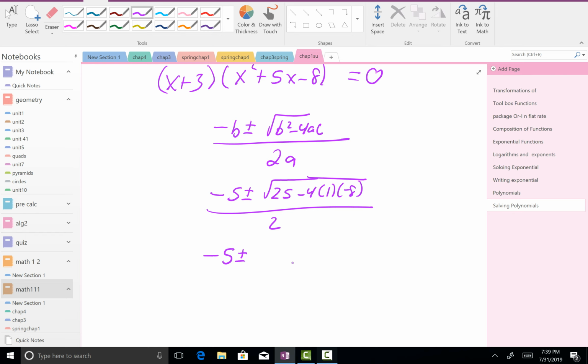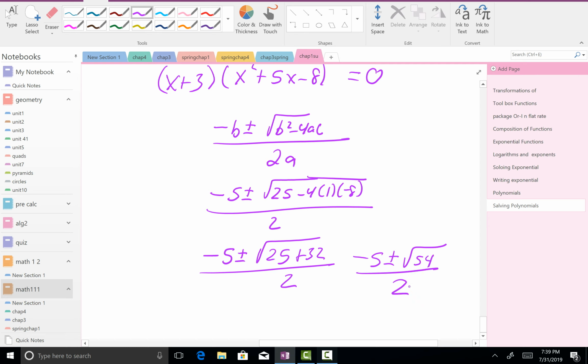All right? So I really want to get an exact answer. So let's see what I got here. 25 plus 32 over 2, -5 plus or minus the square root of 54 over 2. I'm happy with that. The book might reduce that 54 down, but we're just going to leave it.